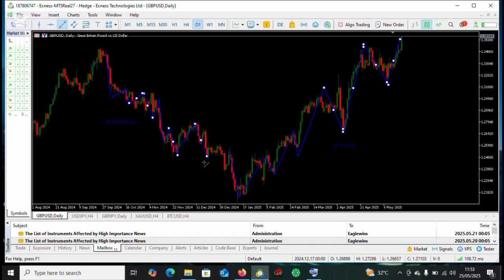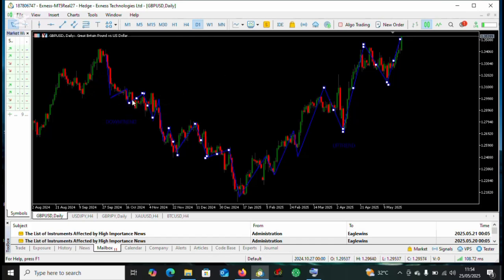I advise you get a laptop so you see very clearly how the market is moving. This whole area is telling us that at this time there was a downward movement, and you can say the market was bearish.